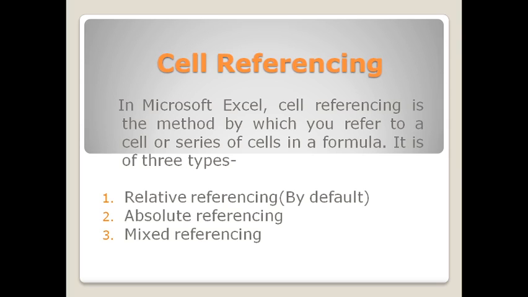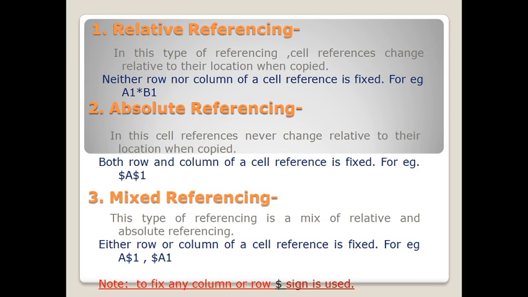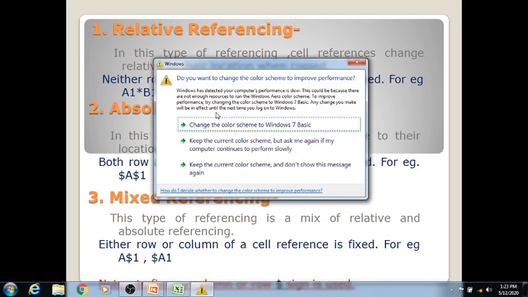Means if you have entered a value in A1 or A2 and you are multiplying the values or you are adding the values, and if you copy the formula in the rest of the cells, that A1 and A2, the address will keep on changing, A3, A4, A5, or B1, B2, B3, B4, like that.